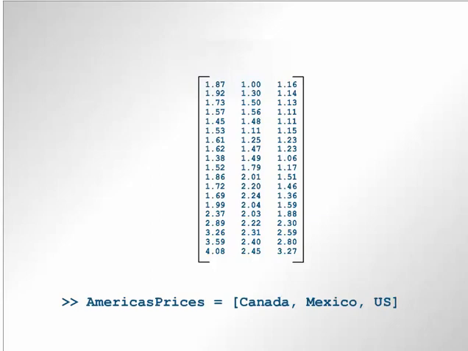The variables Canada, Mexico, and US need to have the same number of rows, or MATLAB will return an error. When you don't have all of the data, you can always complete a matrix with NaN to make sure that all variables have consistent dimensions.